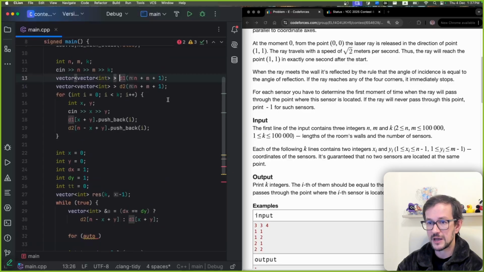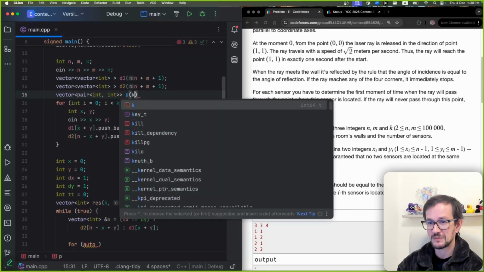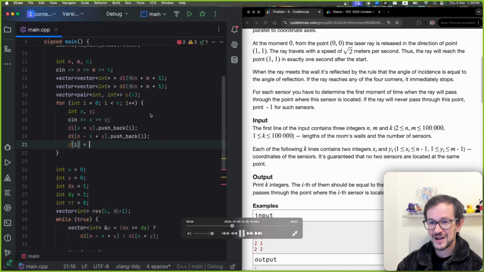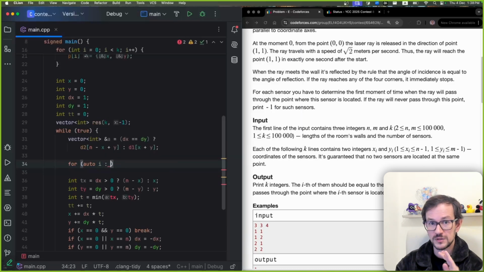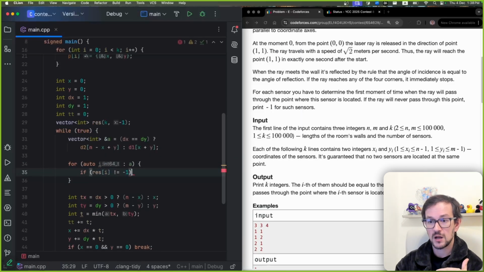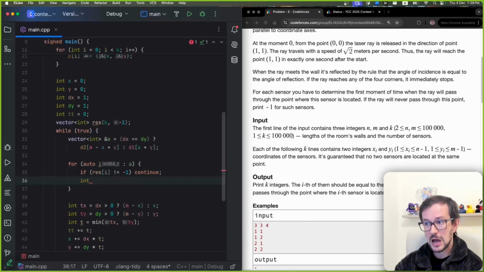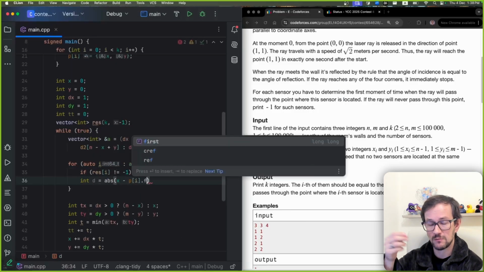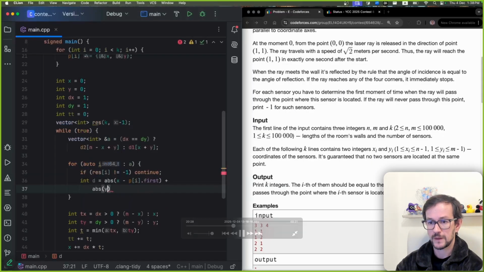Okay, now I figure out I actually forgot to store the coordinates of all the sensors. So I will remember the coordinates for all the sensors. Again, iterate over all sensors on this diagonal. If it's already visited, just continue. If it's not visited, I calculate how much time I need until I reach this sensor.